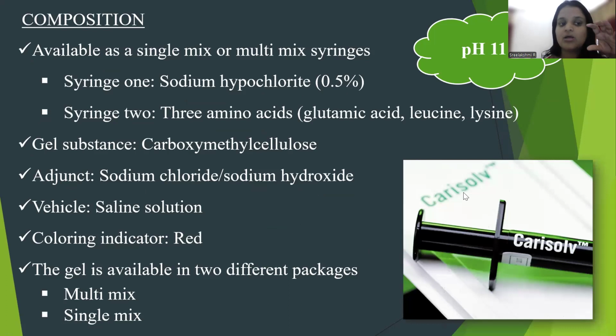The gel substance is given by the constituent carboxymethyl cellulose, and there is an adjuvant present, that is sodium chloride or sodium hydroxide, and the vehicle is saline solution. There was a coloring indicator present in this Carisolv, which was red. The gel is available in two different packages, either a multi-mix or a single mix. And the pH of Carisolv is 11.